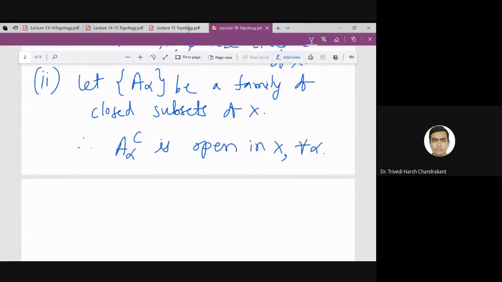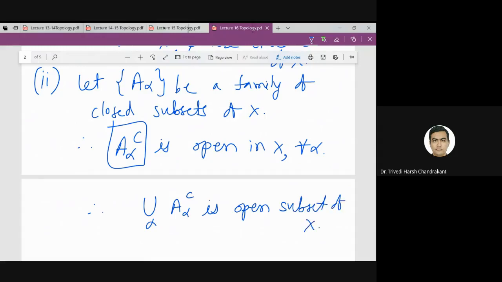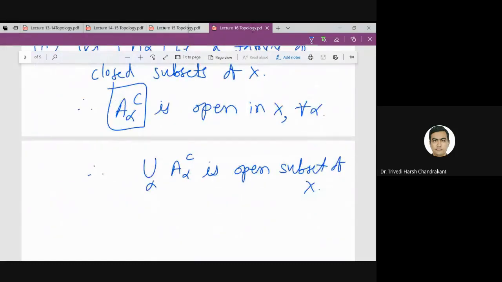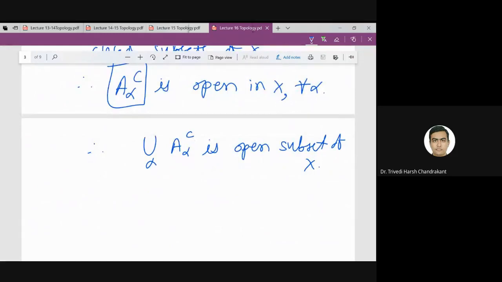Now we know that if I have a family of open sets, then its arbitrary union is also an open set. Therefore, the union over alpha of A_alpha complement is also an open subset of X. So what can I say about this set? This is actually X minus A_alpha, so we can also write it as X minus the intersection of A_alpha.